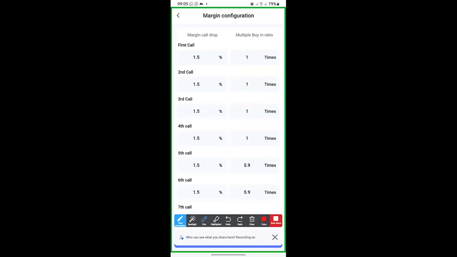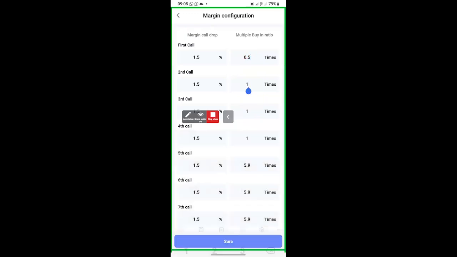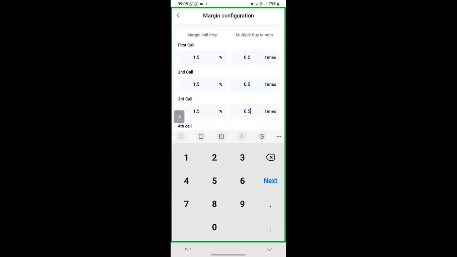Let me help you get that. So with my 500, I will expose very little capital. Remember, I have 10 already exposed. Then I'm going to expose very little capital here, as little as 0.5 times. Remember, these are times.